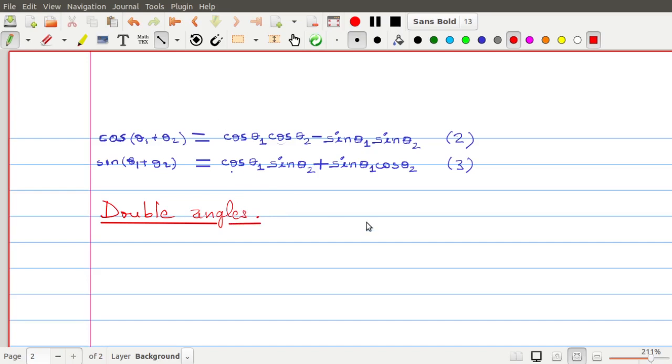Okay, so if you just take theta 1 equal to theta 2 equal to theta, and we can use 2 and 3.